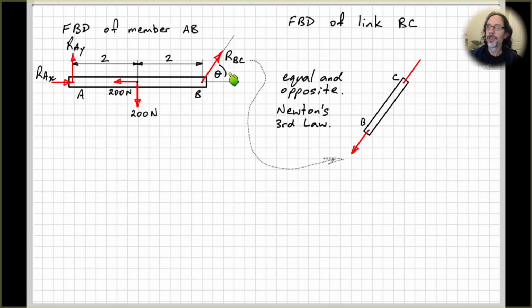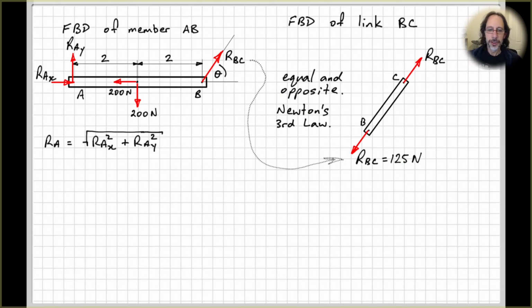So it's very important that you get used to doing this and making sure that you obey Newton's third law when you draw free body diagrams of components that were originally connected, and you imagine that we've disconnected them in order to draw the free body diagrams. You must show these as equal and opposite. And then the force over here at C must, of course, be equal and opposite to that. And so we calculated RBC on the previous page was 125, so this must be 125 as well.